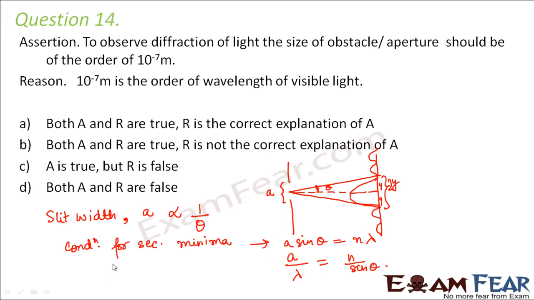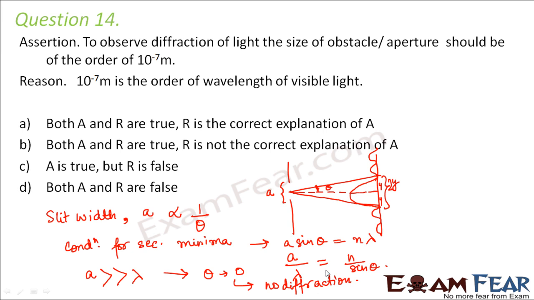Right? So looking at this expression, you see that if the value of A is very large compared to the wavelength, what would happen? Theta might be so small that it is almost near 0. And when theta is so small, there would be no diffraction taking place. Right?